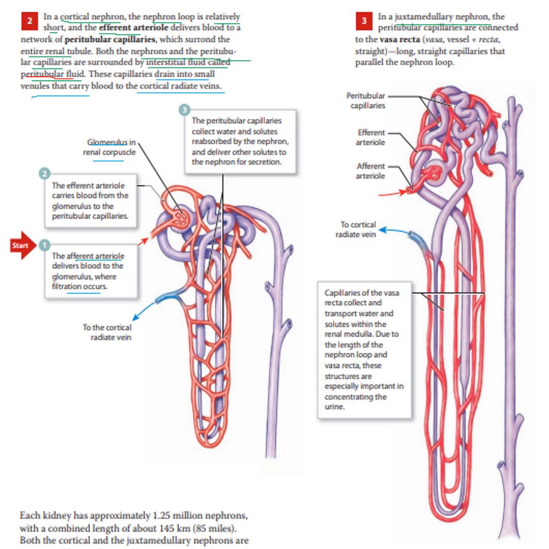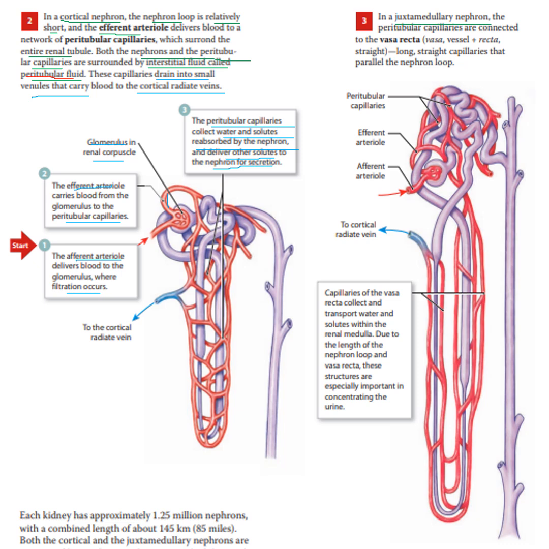Then the blood moving out of the glomerulus through the efferent arteriole is carried to the peritubular capillaries. The efferent arteriole gives rise to the peritubular capillaries, which collect water and solutes reabsorbed by the nephron and deliver other solutes to the nephron for secretion.